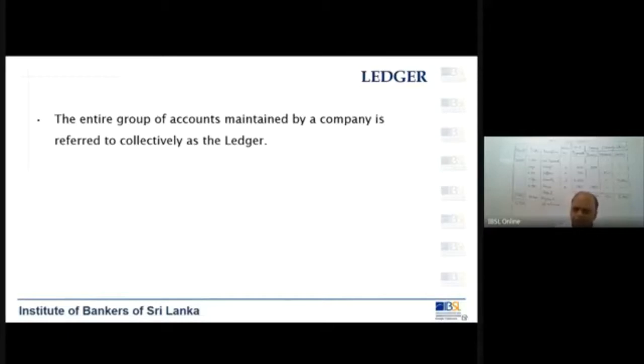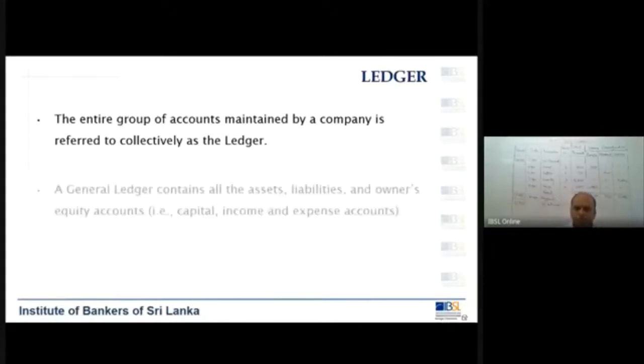But in today's context, with the advancements and globalization and all the other aspects coming into play, business volumes and the volume of transactions have increased. So it is very difficult for companies to maintain their ledger in books. That's why they have moved on to computer systems.